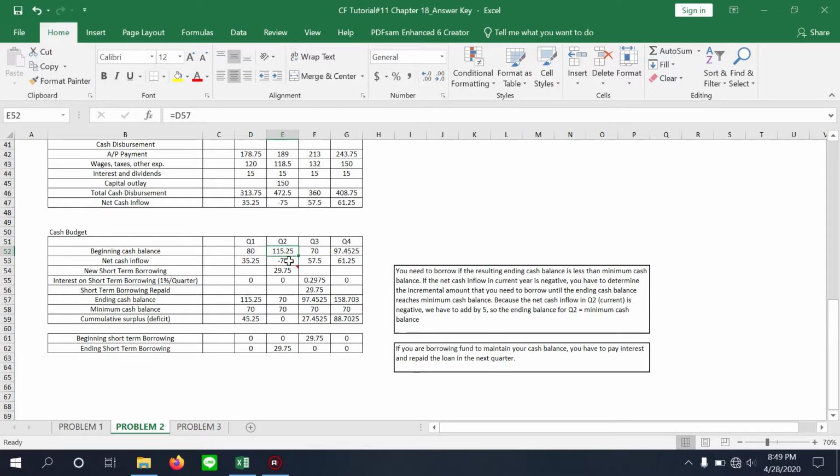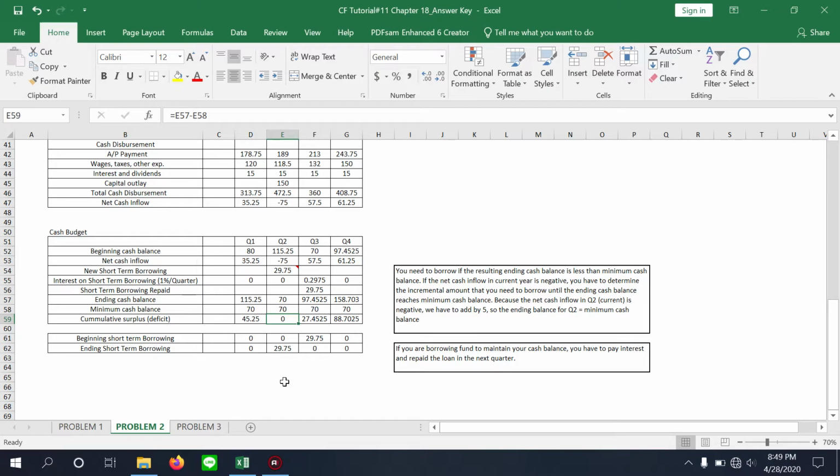However, the actual amount of net cash inflow is minus 75. So if we don't have any borrowing, this will be below the minimum cash balance. So basically the cumulative deficit will be 29.75.